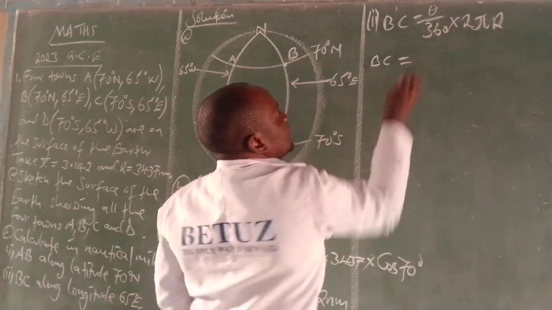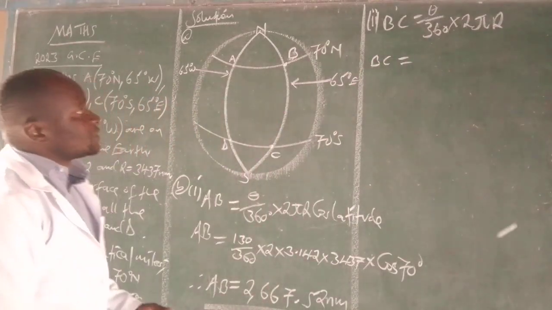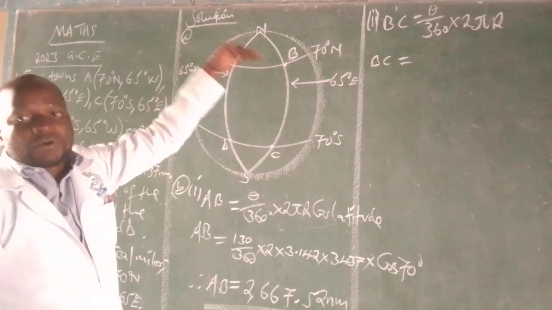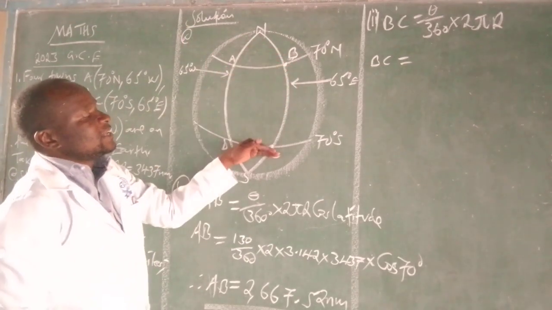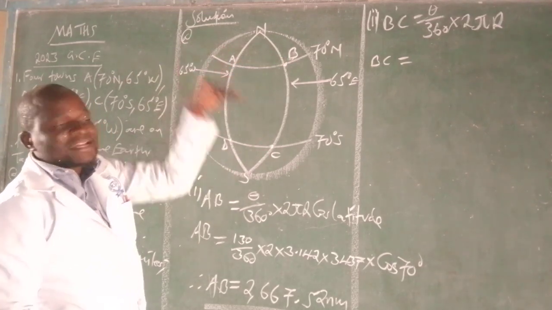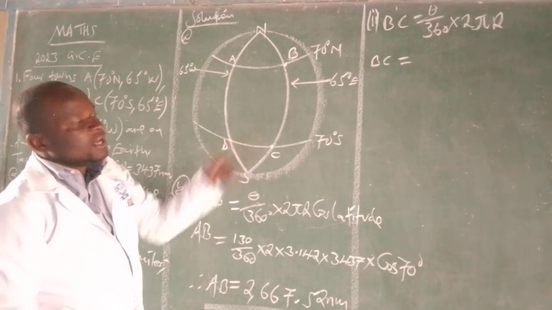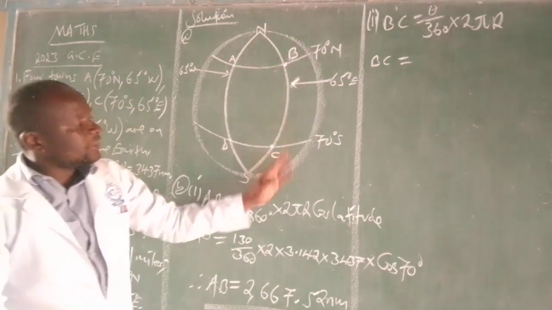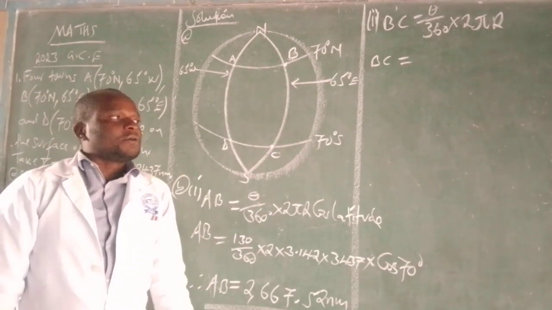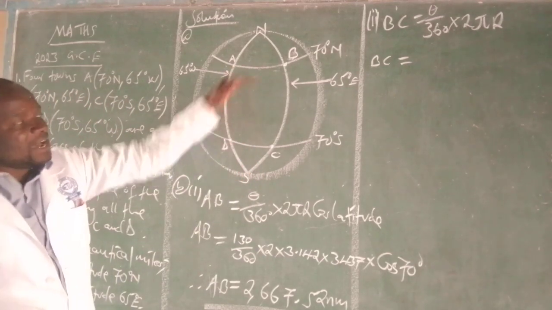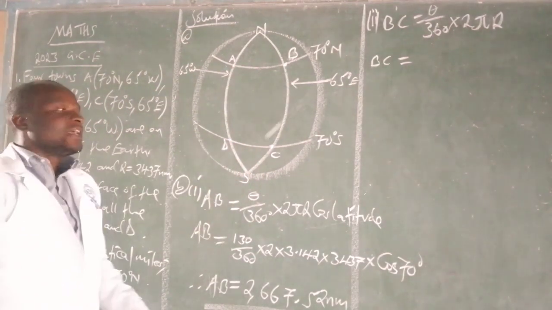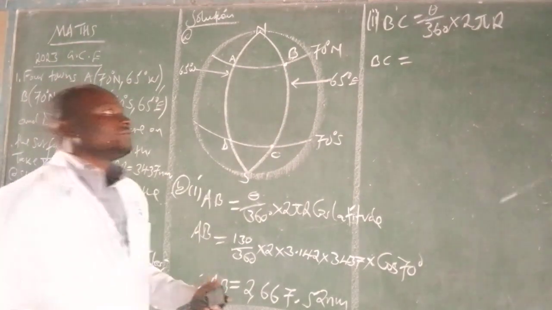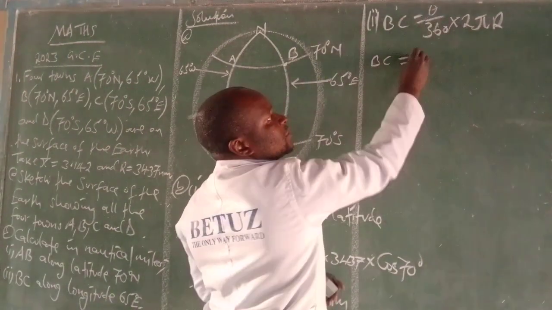So BC is equal to, this time around, the theta as well will be the angle difference between B and C. That is the difference in latitudes between B and C. So we do the same. B is on 70 north and C is on 70 south. So the two towns are on different hemispheres. Therefore we add. So we add 70 and 70, which will give us 140. So 140 is what we are putting on the theta.